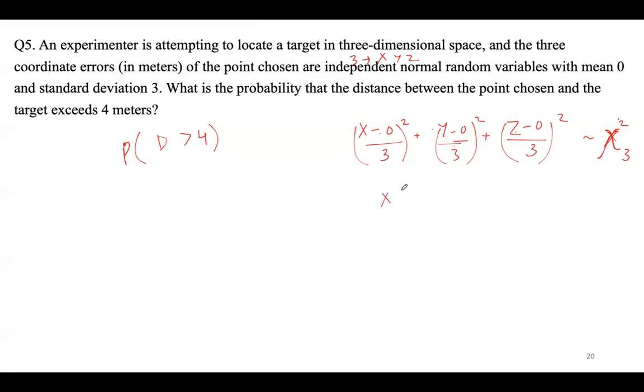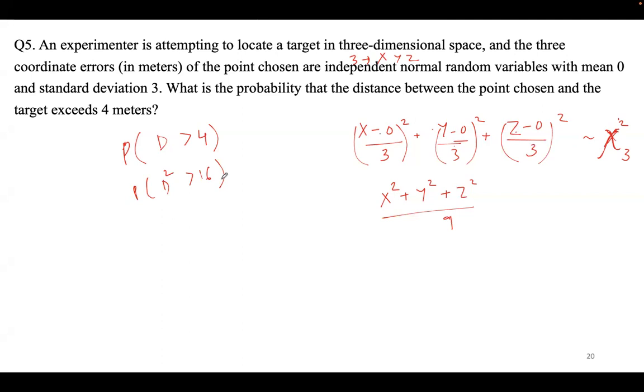So it's basically going to be x square plus y square plus z square divided by 9. This random variable, we know how it behaves. So what's the way to convert this distance in terms of these errors? There's a concept called the Euclidean distance. If d is greater than 4, then definitely d square is going to be greater than 16. Whenever you have an equation, whether it's an equal to sign or a greater than or less than sign, you can do the same thing on both sides.